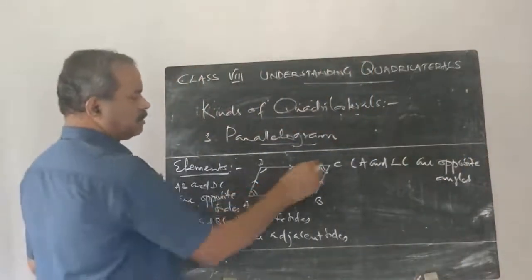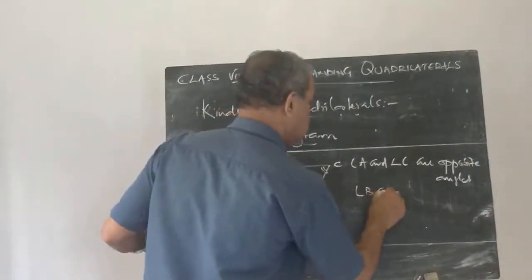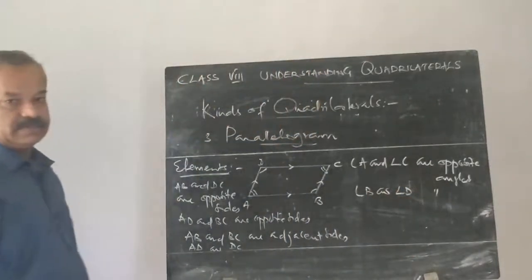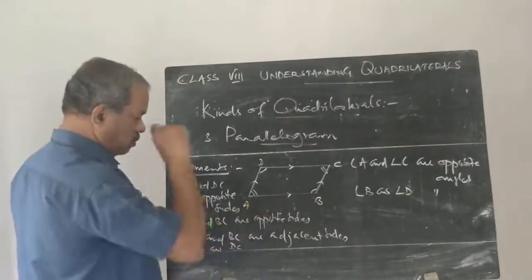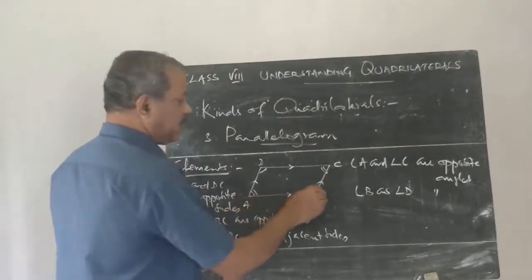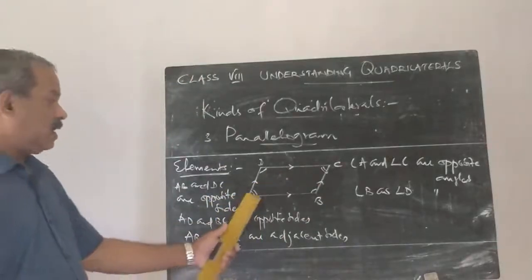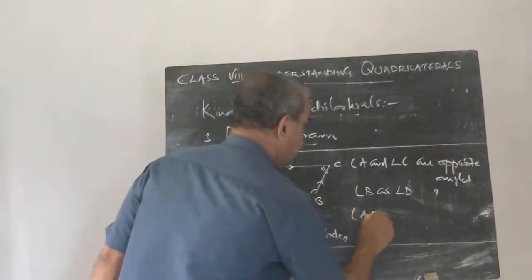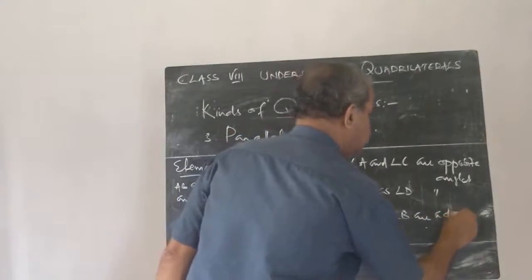Angle B and angle D are also opposite angles. Now, what are angle A and angle B called? Angle A and angle B are adjacent angles.